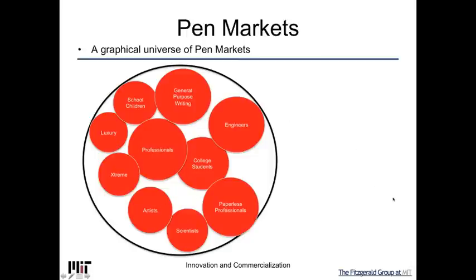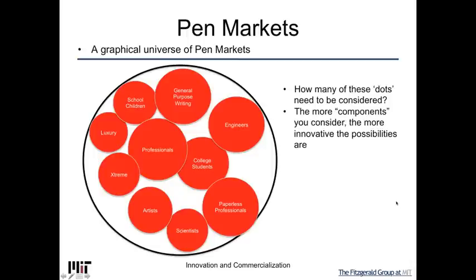So just like with the technology space, one can ask, well, I could make an infinite number of these. And so the answer is, depending on how innovative you want to be, you would consider more and more. So the more components that you consider, the more possibilities that you have to be innovative.